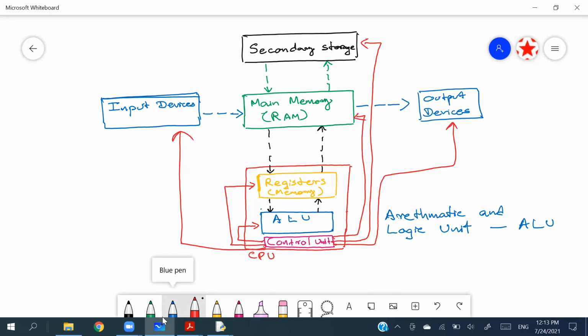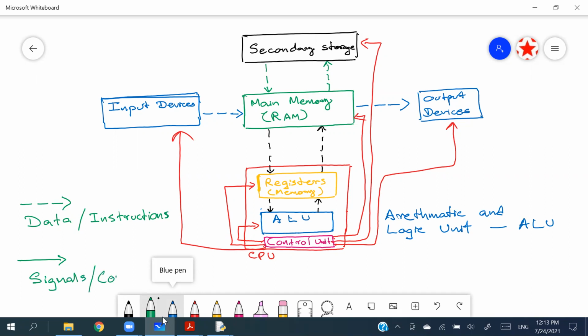Now that is what the von Neumann architecture is trying to explain, right? So the dotted lines indicate data or instructions, and the straight lines indicate signals or commands.